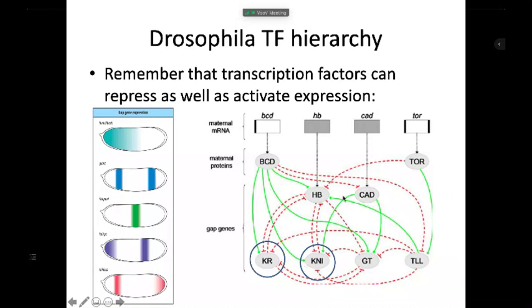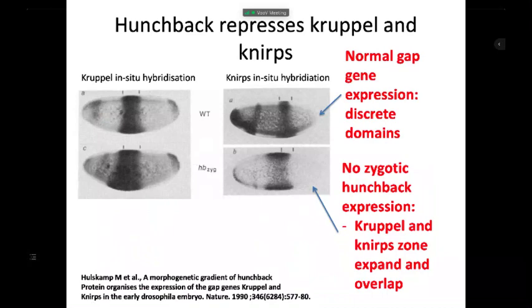And so it is that there's a network of mutual activation and inhibition, and this can tightly define the different regions of gap gene expression in the Drosophila embryo. So hunchback represses the expression of cripple and knirps, which are two of these important anterior transcription factors.